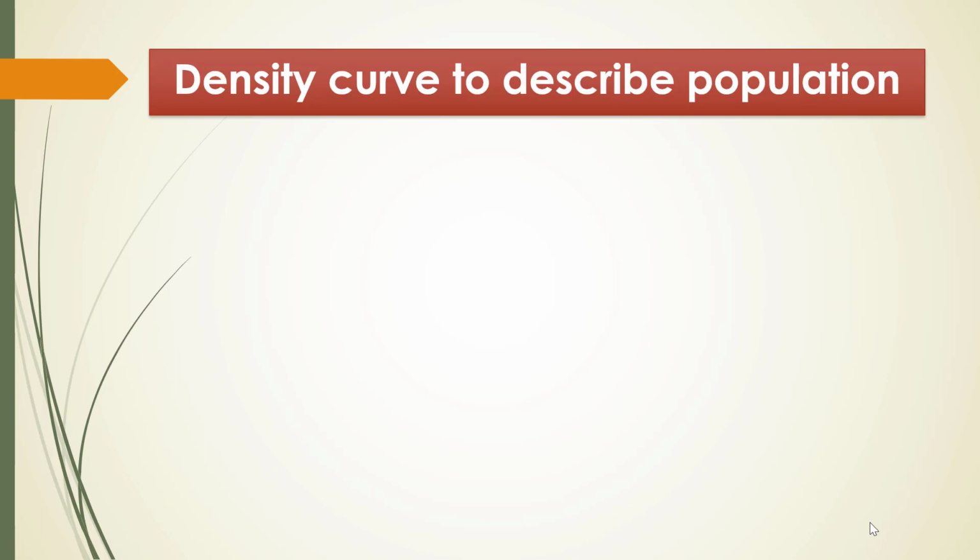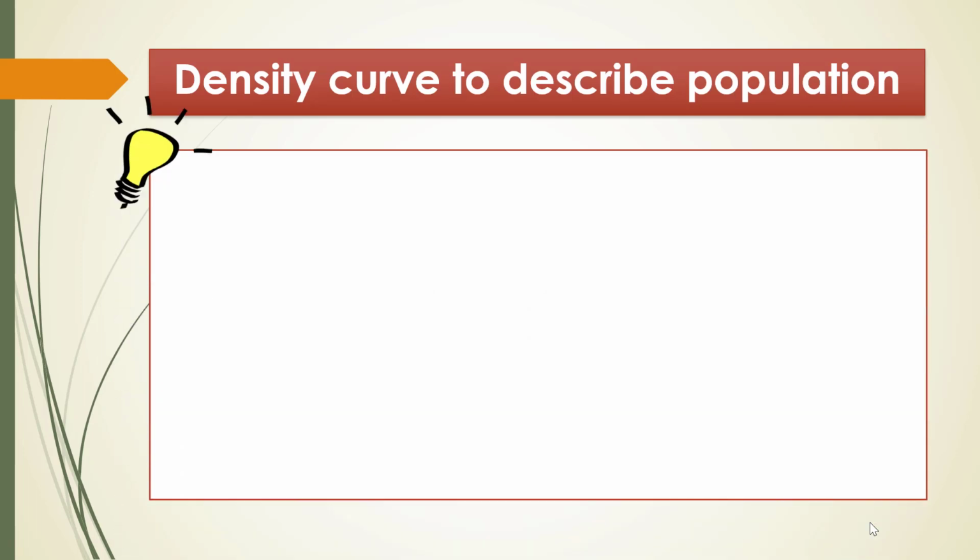So first, let's get started with the density curve to describe a population. The density curve is basically created based on the histogram. Remember in the lesson on descriptive statistics, I showed you how to construct the histogram for a dataset.